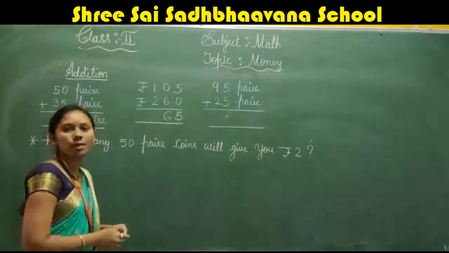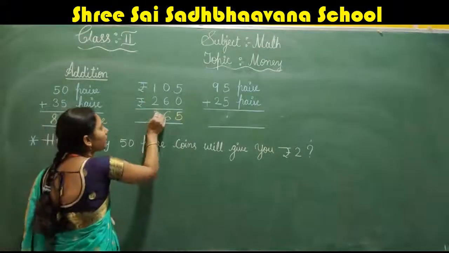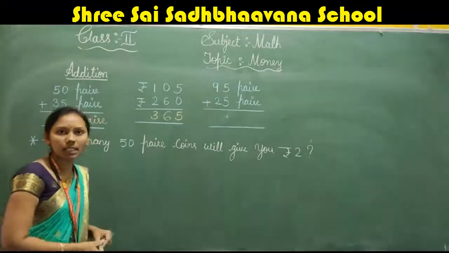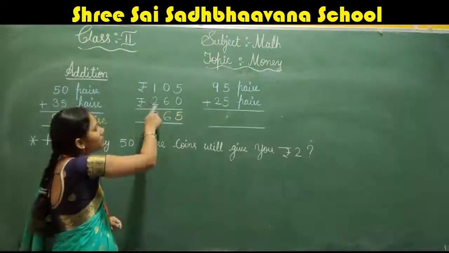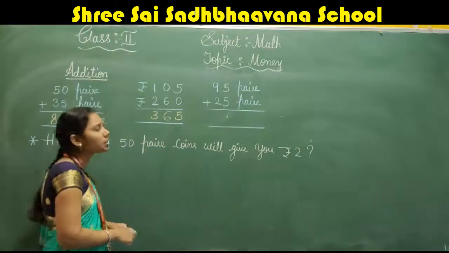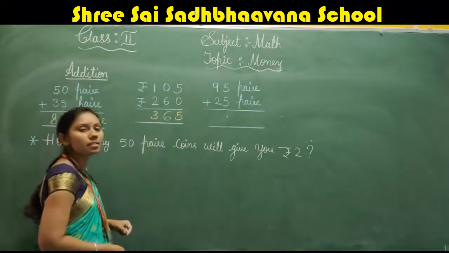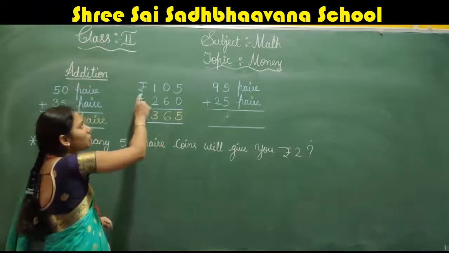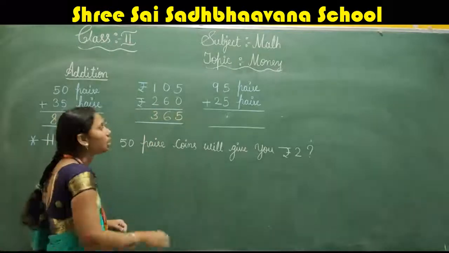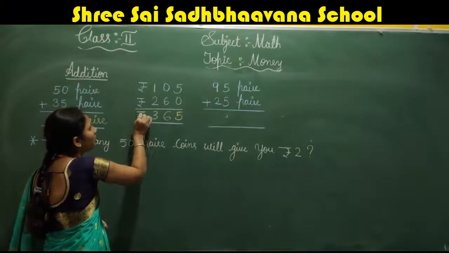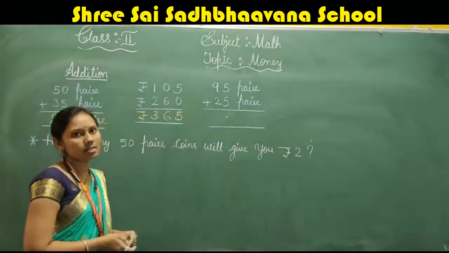When you add 1 plus 2, we get 3. So the sum of 105 plus 260 is 365. That means rupees 105 plus rupees 260 is rupees 365.